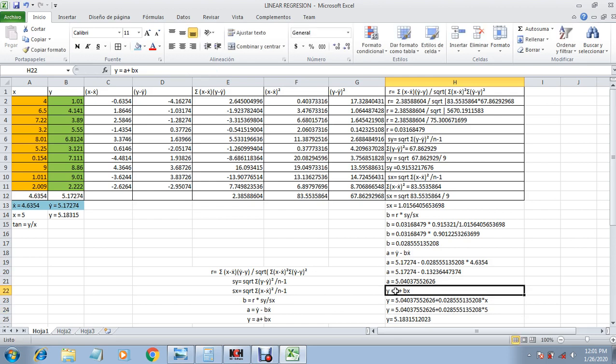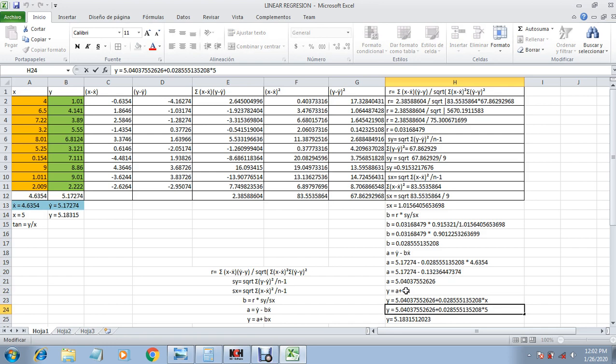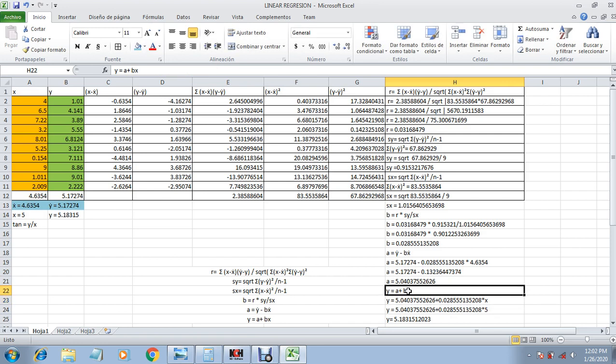We have the value of a and b. You choose the x to get the one input of y. It depends on the value you input in x to get one value output of y.